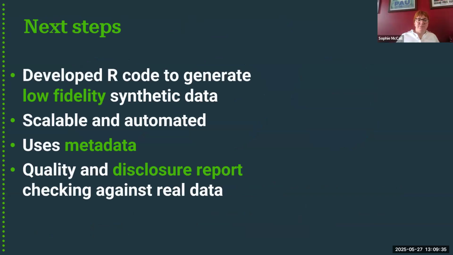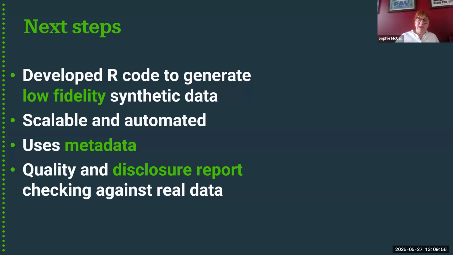What are our next steps? As well as hosting the synthetic data from NRS, we have developed code in R to generate our own low fidelity synthetic data. We made sure this process is scalable and automated, and it uses just the metadata to generate synthetic data.